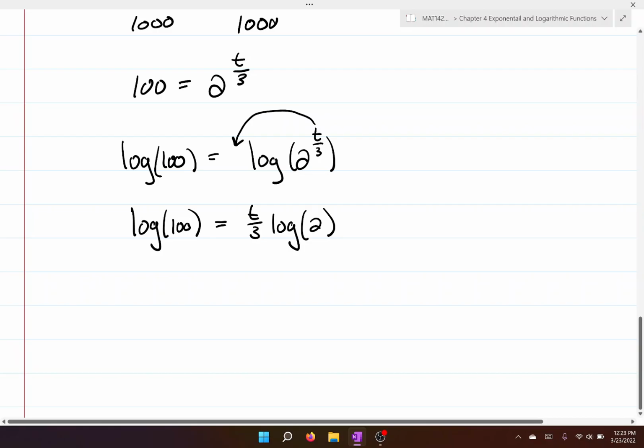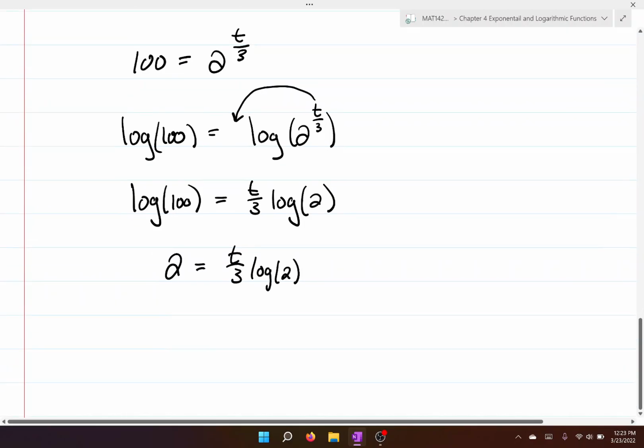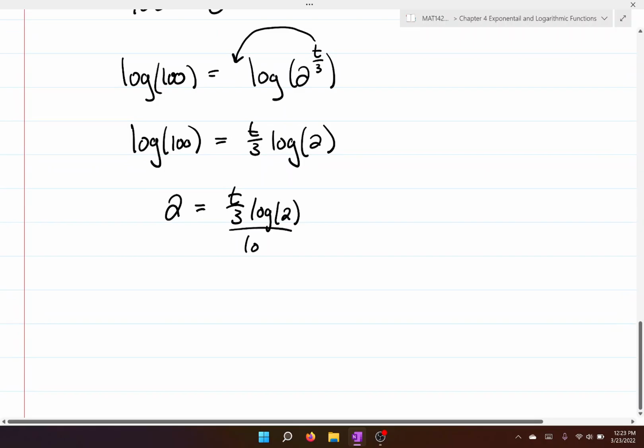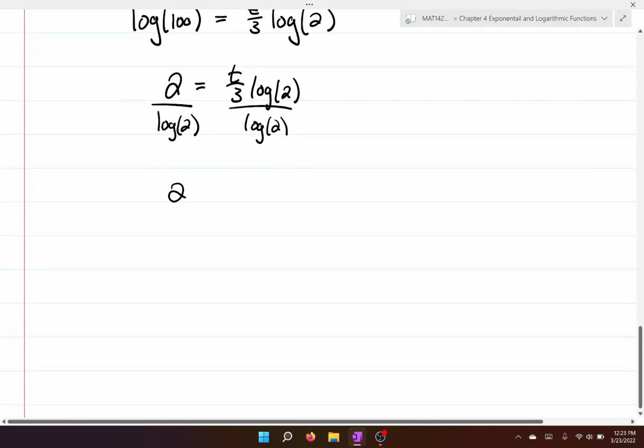Then, if I want to, I can simplify a little bit. The log of 100 is 2. Finally, I'm going to divide both sides by the log of 2. All right, that gives me 2 over the log of 2 equals T over 3.